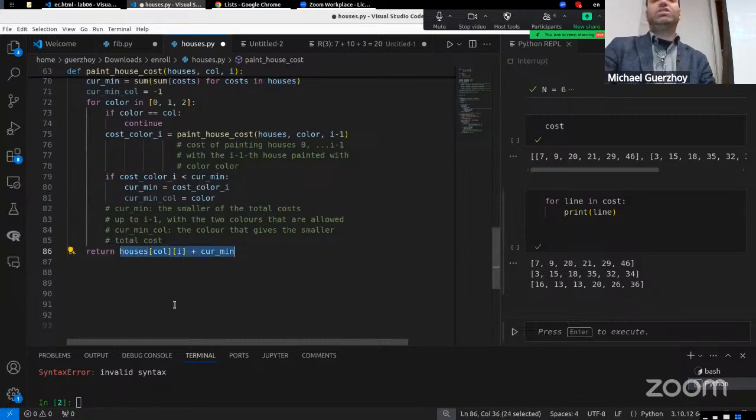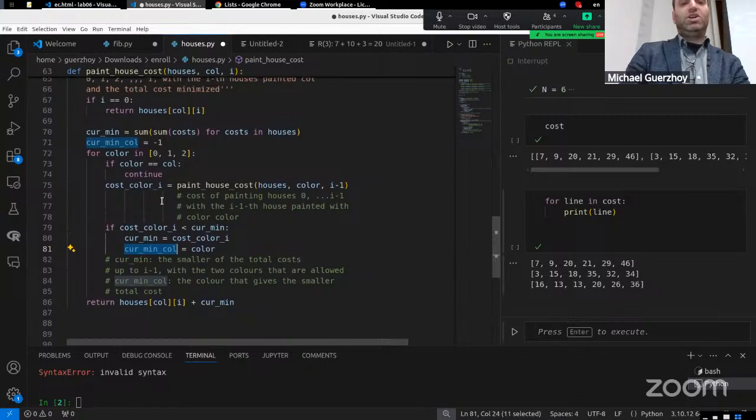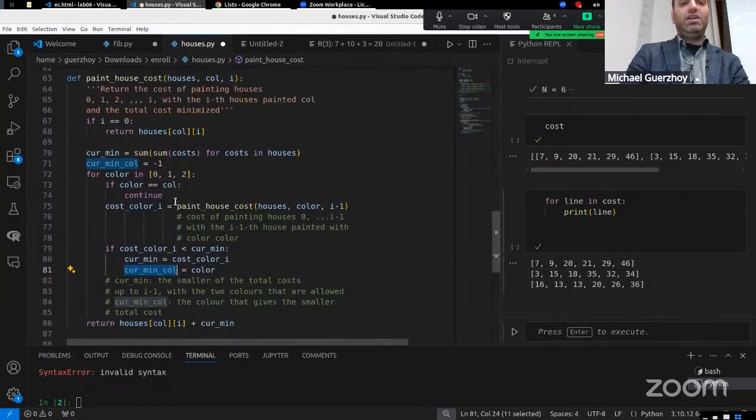This is just the total cost, but I actually know what the color is that I'm using in order to achieve the minimal cost solution, right? I'm just not recording it. So I could record it, right? So I could say, okay, all right.